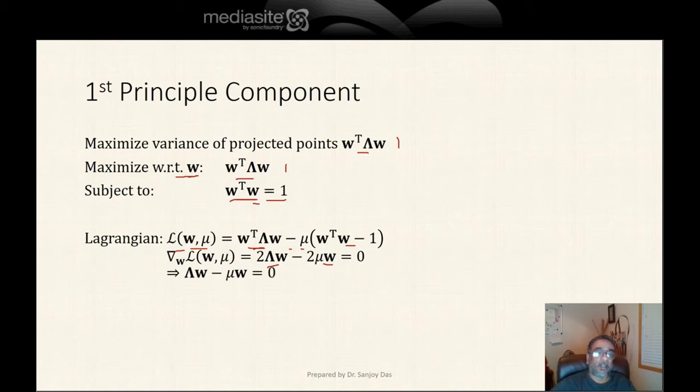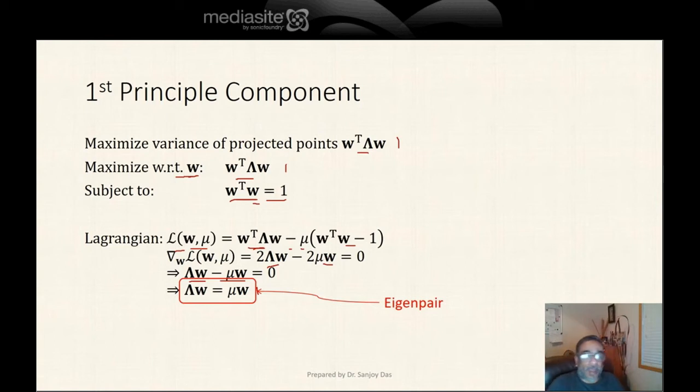This implies that lambda W minus mu W equals 0, or in fact lambda W equals mu W. And this is the definition of an eigenpair. So lambda is the matrix and W is an eigenvector and mu is the corresponding eigenvalue.